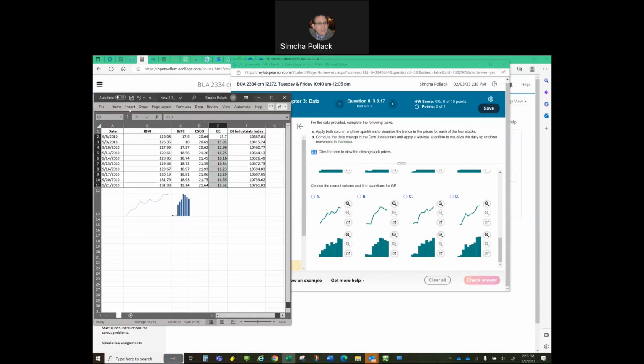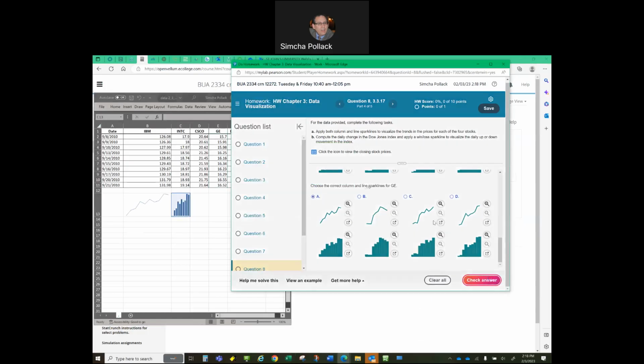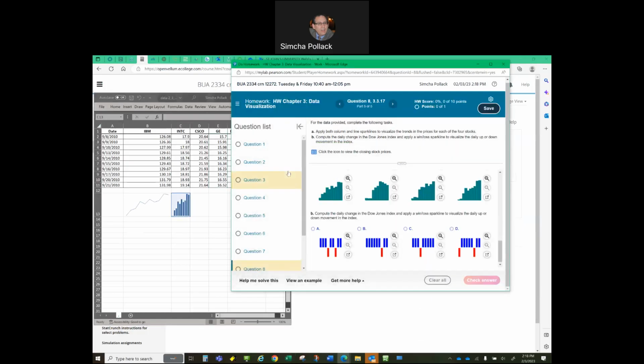Insert, sparkline, column. Here. Okay, so what does it look like for GE? It looks like two bumps and a down. It looks like A. I think it's A.